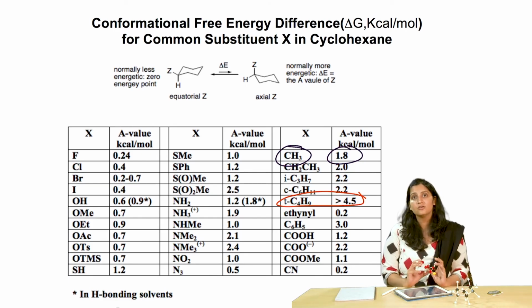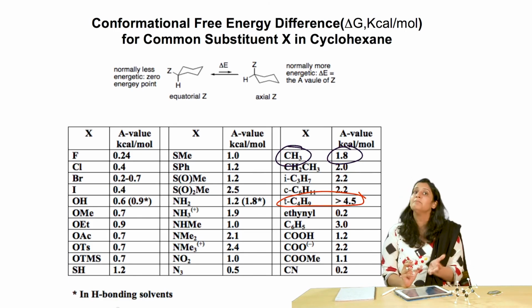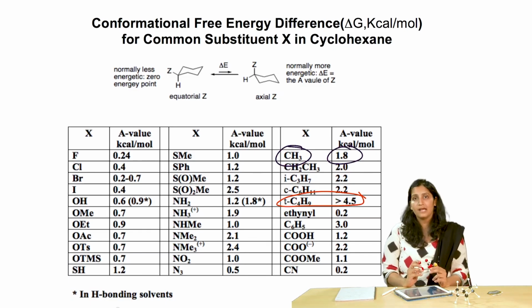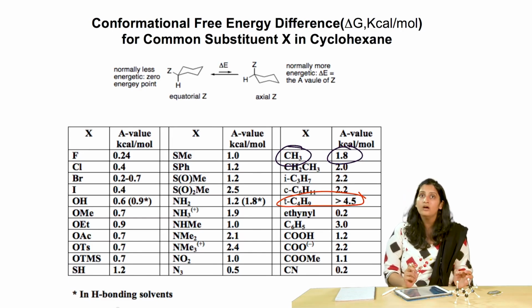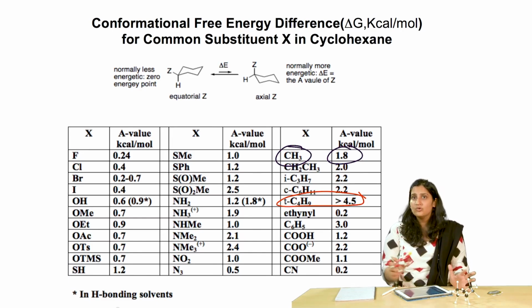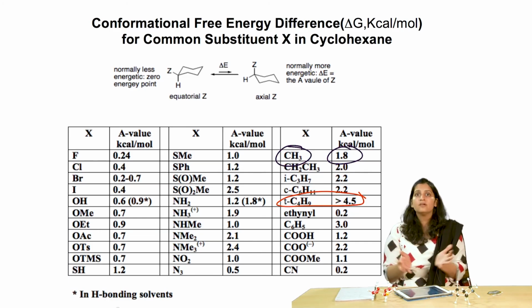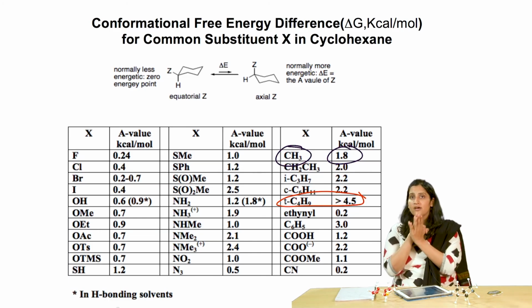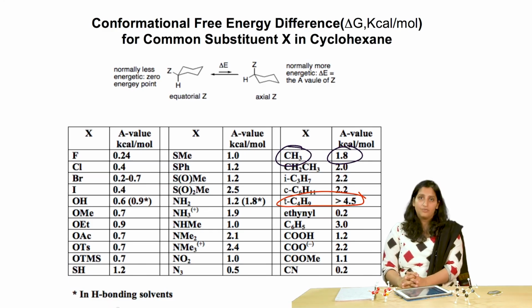In the tutorial, we are going to go over many more examples of this calculation of KEQ and figuring out whether an equatorial position is favored over an axial for a particular group. As a rule of thumb, if there is no other clash, the substituents will be favored in the equatorial position rather than the axial position.